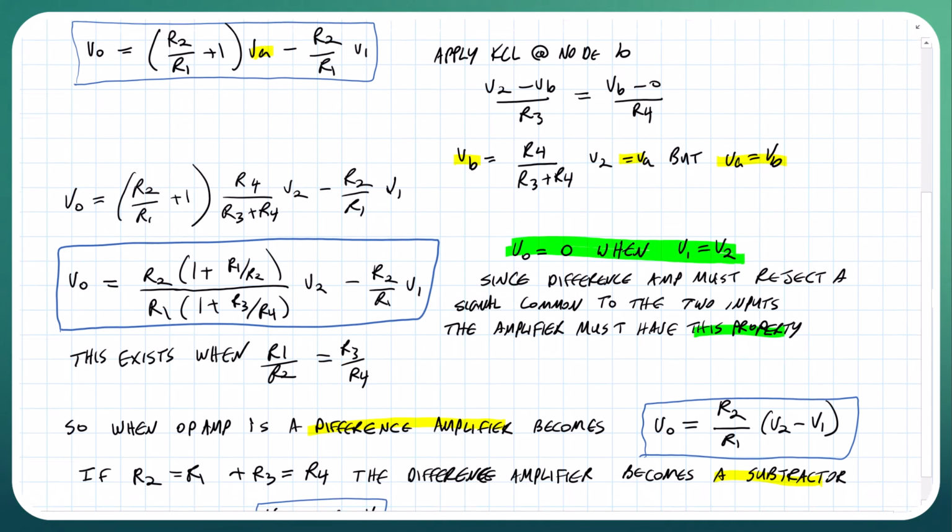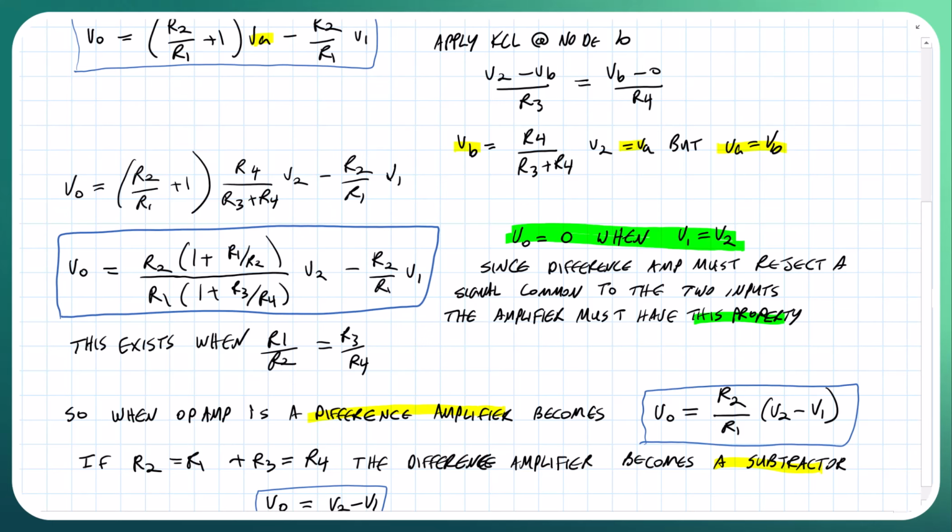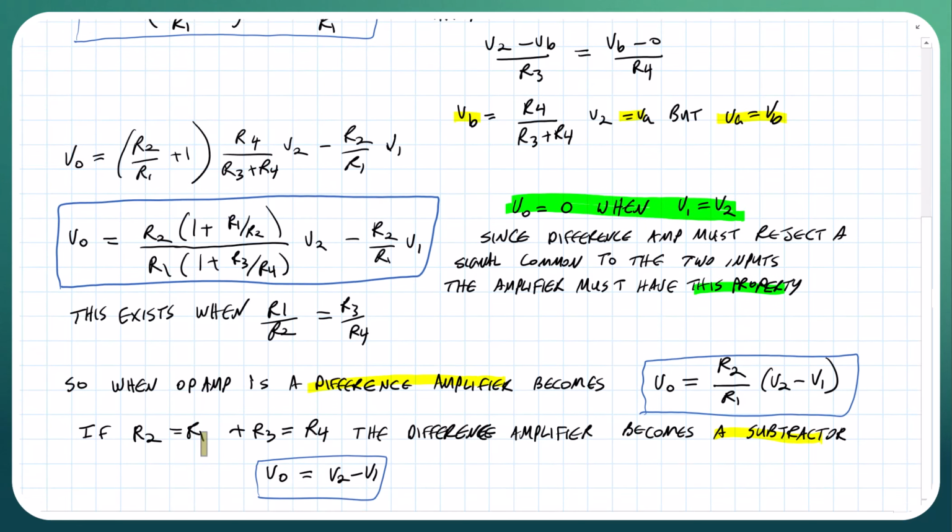Because we want to reject the common signals between the two inputs, we can further simplify this equation and get the difference amplifier equation. And if R2 is equal to R1 and R3 is equal to R4, then the difference amplifier becomes a subtractor, and we simply have V out equal to V2 minus V1.